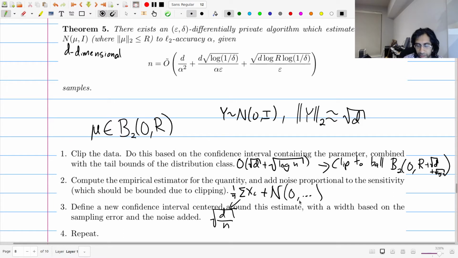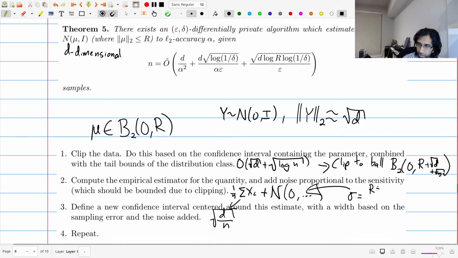And then we have to account for the noise in this Gaussian. This is a little bit trickier. I left this as a dot, dot, dot here, but let's actually write out what it is. The standard deviation in each coordinate will be something like r plus square root d plus square root log n, divided by n epsilon.